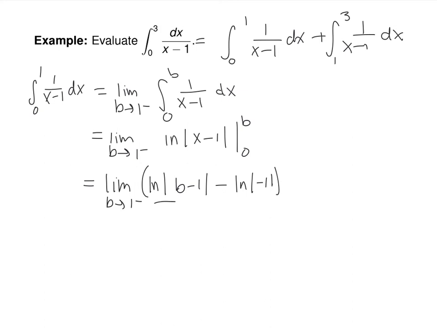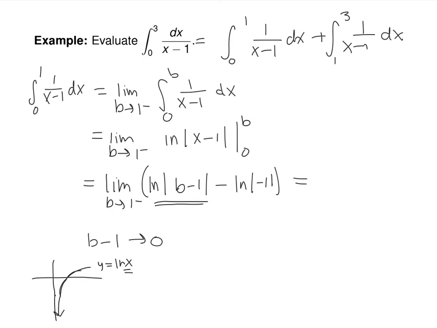Now this part, the thing inside, the b minus 1, that's going to 0. And it's being absolute valued, so we know that it's positive. So here's what the picture of ln of x looks like roughly. As x goes to 0, look at what happens to ln. It goes down forever and ever, as in it goes to minus infinity.